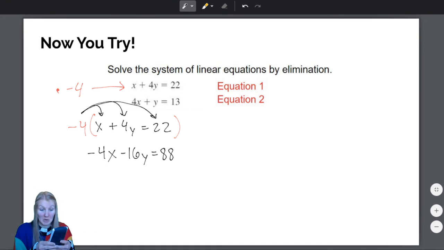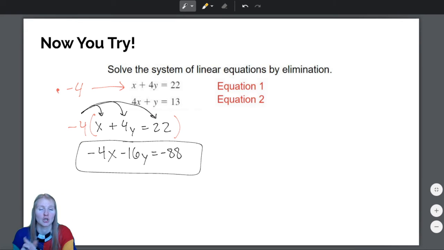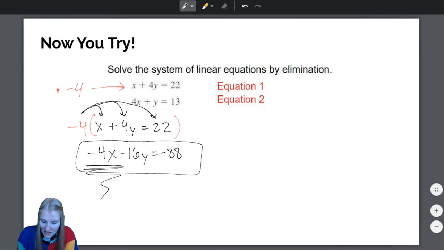I could double check with my calculator. Yes, negative 88. Good thing I checked with my calculator. Even teachers make mistakes. Okay, perfect. Now I have a new equation number 1 where the x term is going to be the opposite of 4x.